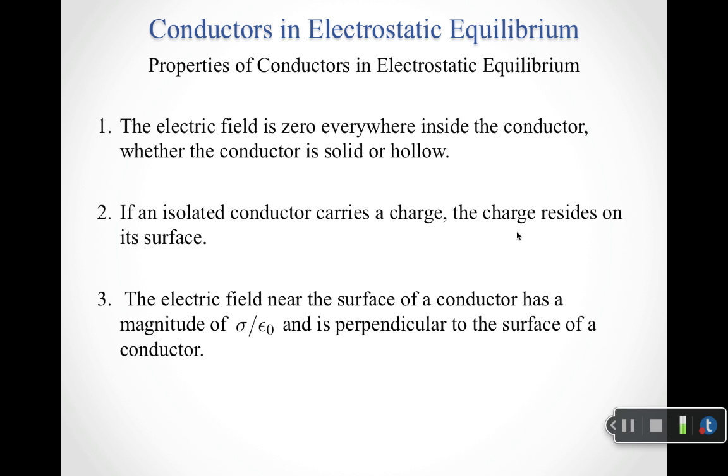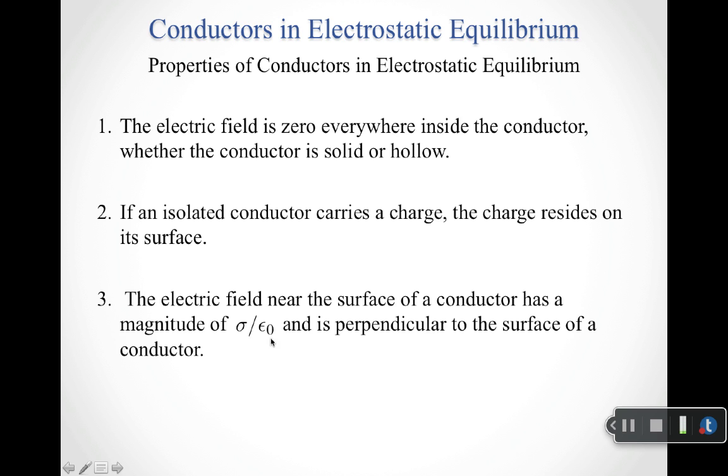we'll see is that the electric field right near that surface will be perpendicular to the surface and will have a magnitude equal to the surface charge density over epsilon naught. This is exactly the same thing that we see from an infinitely large parallel plate.